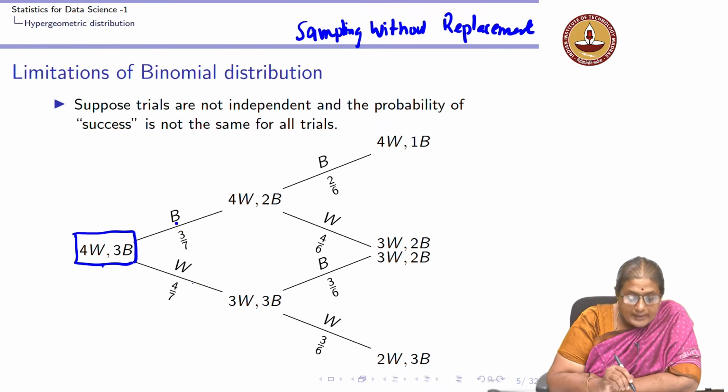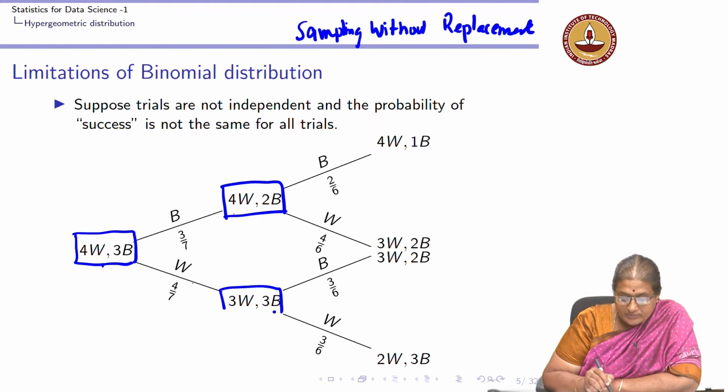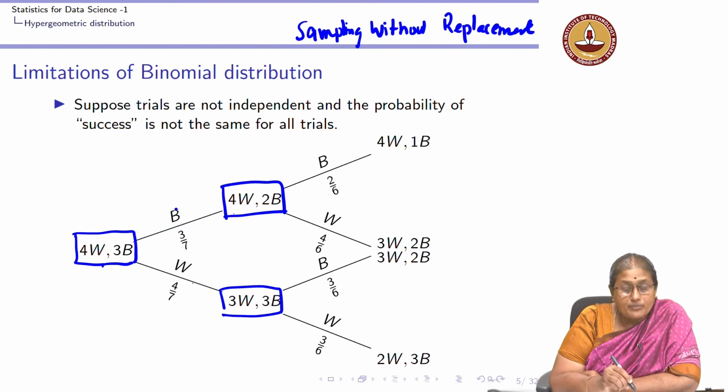Now, I do not replace the ball I have already drawn. So, if I had drawn a black ball, I have only 4 white and 2 black balls remaining with me. Similarly, if I have drawn a white, I have 3 white and 3 black balls remaining with me. So, I have not replaced the ball in the box.